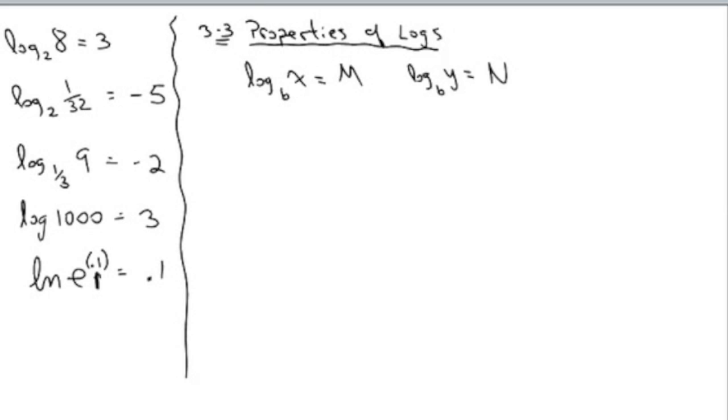No, they don't equal each other because x and y don't necessarily have to be the same. What are the alternate forms of both of those? b to the m equals x, and b to the n equals y.